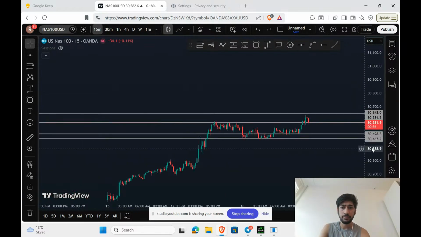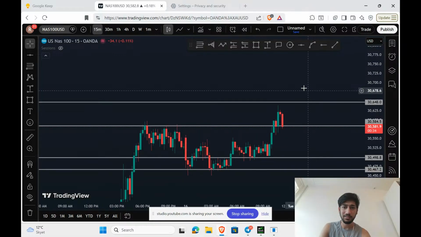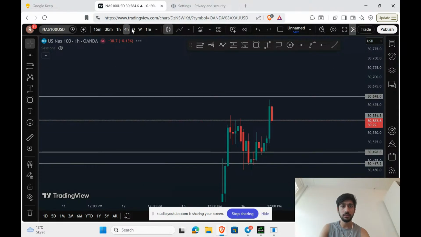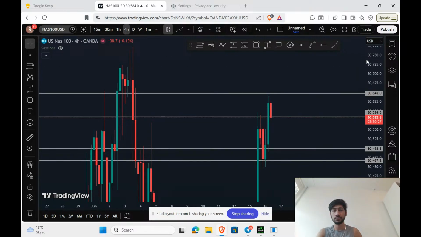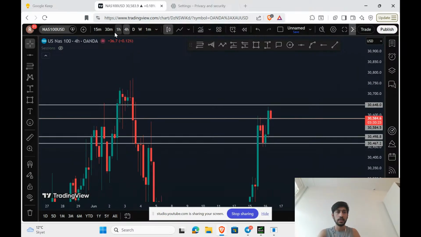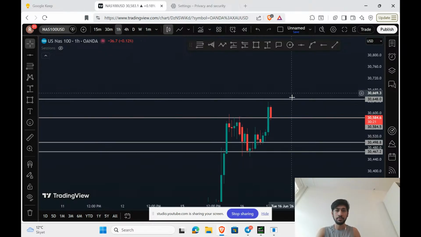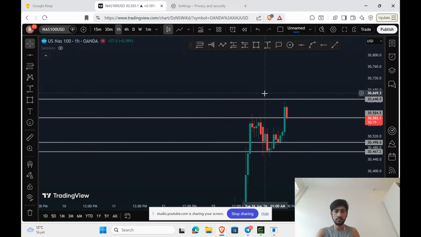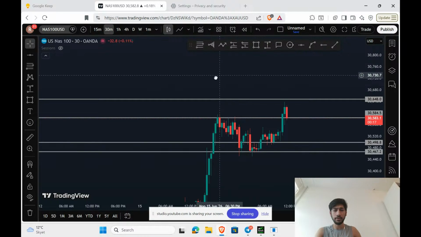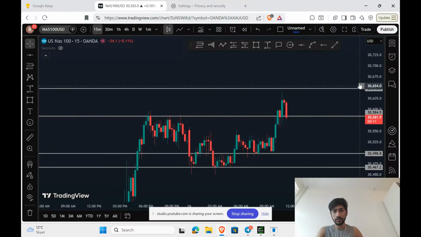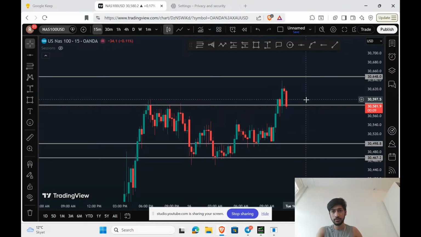And even for this 30 minute, maybe this would be, but H4 is properly bullish. H1 we are bullish, we have rejections. M30 we are closing below this range, but 15 minute, I don't know.